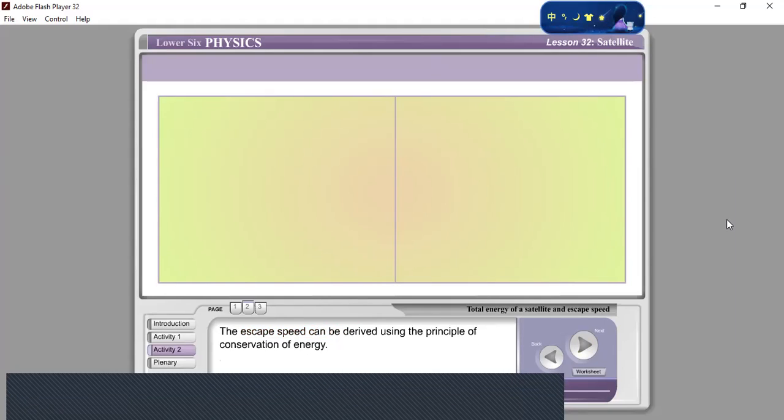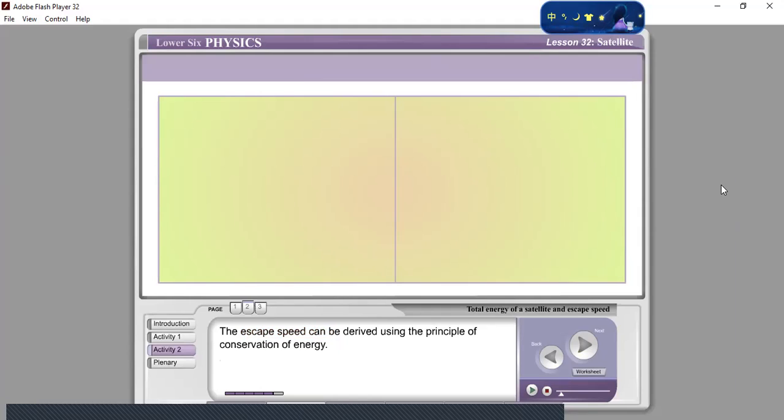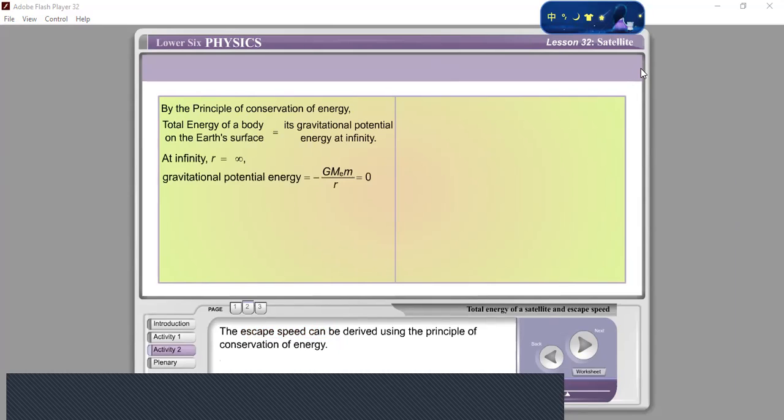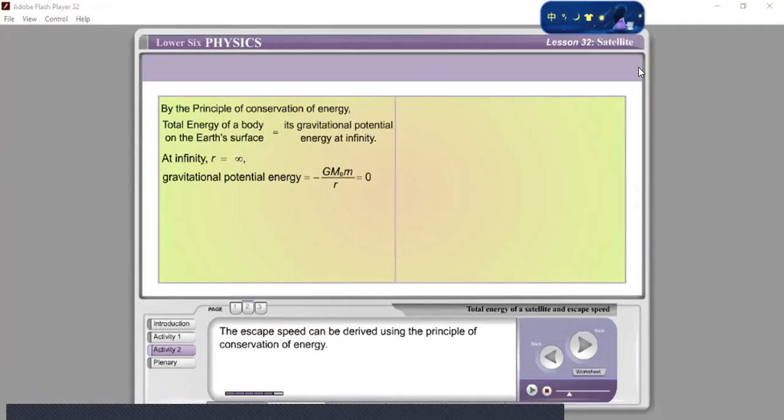The escape speed can be derived using the principle of conservation of energy. By the principle of conservation of energy, the total energy of a body on the Earth's surface equals its gravitational potential energy at infinity. At infinity, R equals infinity, and gravitational potential energy equals negative G M_E M over R, which equals 0.